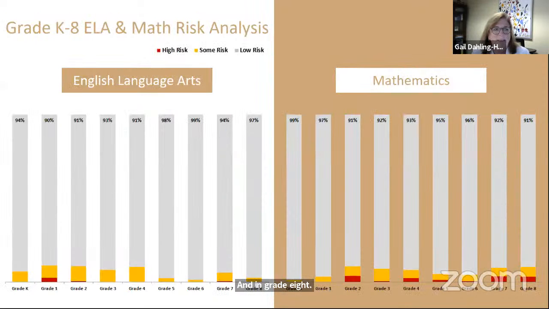So overall, when we take a look at our K through 8 scores and we look at where we see some high risk and where we see some risk on this nationally normed indicator, there's definitely more flagging in mathematics as kids get older and the content builds upon itself.